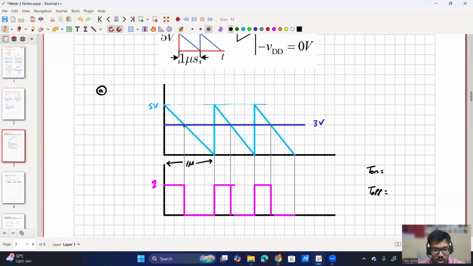Since this is 3 volt, 2 by 5 will be the duty ratio. So it is 2 by 5 into 1 microsecond, which is 0.4 microsecond, the on time, and 3 by 5 into 1 microsecond is 0.6 microsecond, which will be the off time. Yeah. So Purva, you are correct.